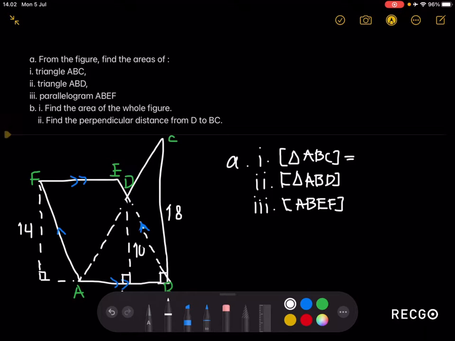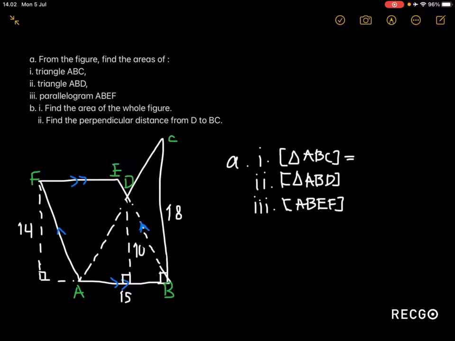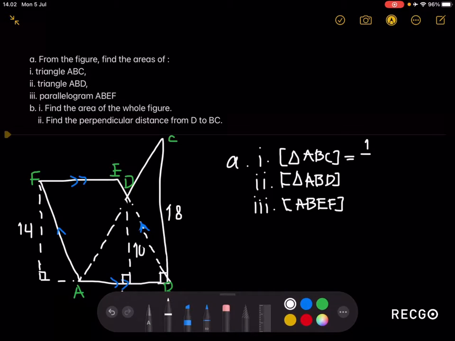Alright, so first things first, we need to solve part A, which is pretty straightforward. So for part 1, we need to find the area of triangle ABC, which is just simply the half times its base 15 times its height 18, which then simplifies to 135. Similarly for ABD, it will be a half times 15 times 10.